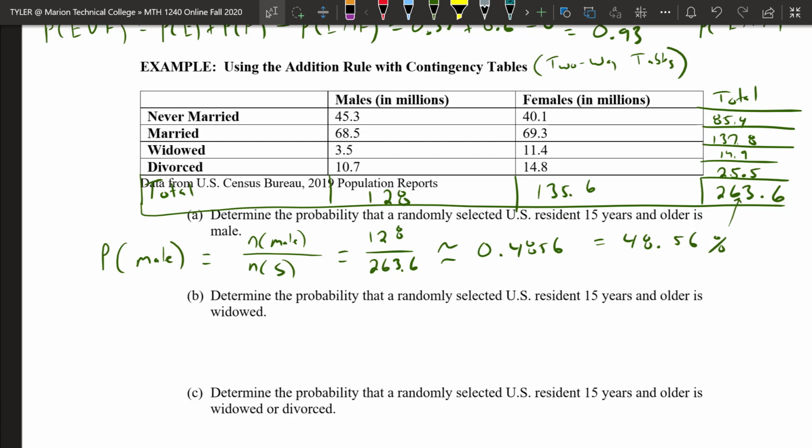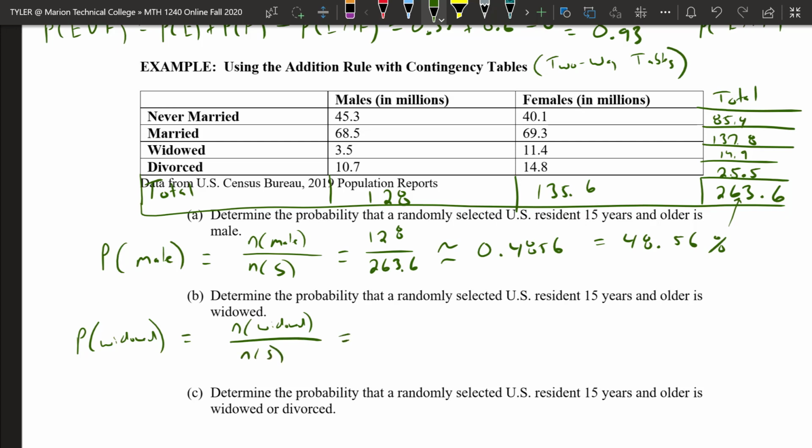Then part B is that we want to calculate the probability of randomly selecting someone who's widowed. So the probability of selecting someone that's widowed would be equal to the total number of people that are widowed divided by the number of things in the sample space.